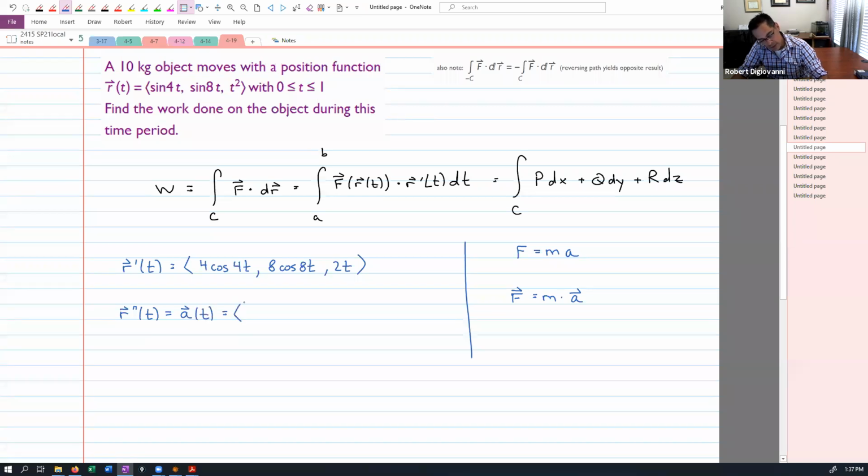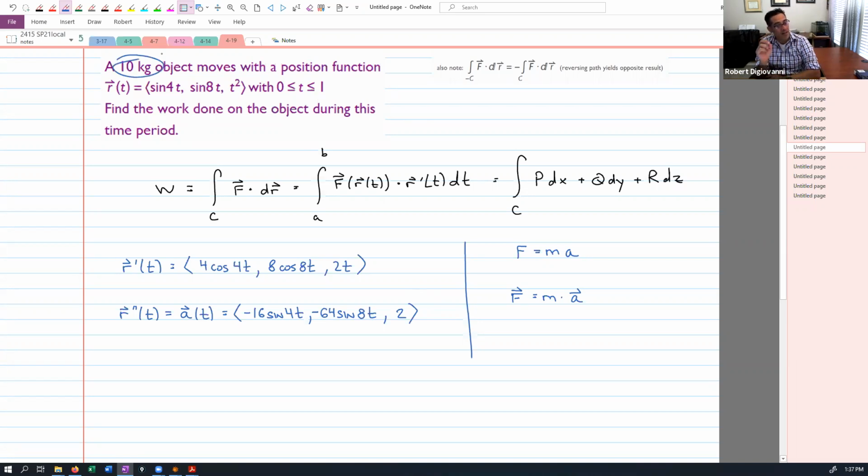That will represent the acceleration function, and that will be negative 16 sine 4t, negative 64 sine 8t, and 2. It's a tricky problem because the field isn't given to you. You are given the mass, 10 kilograms.